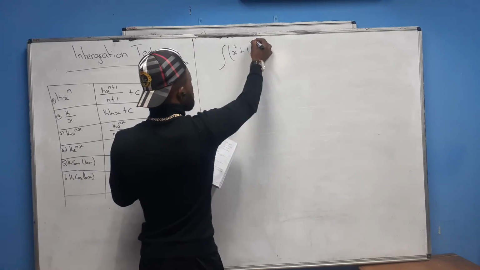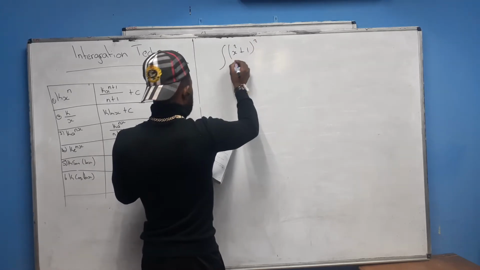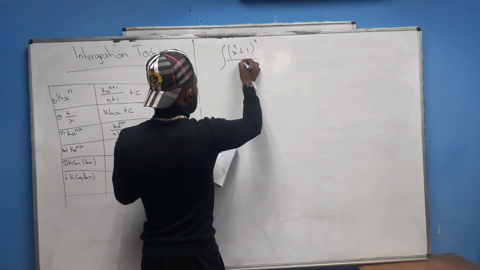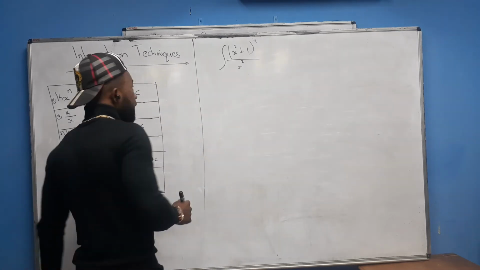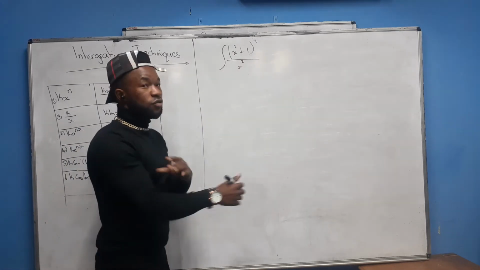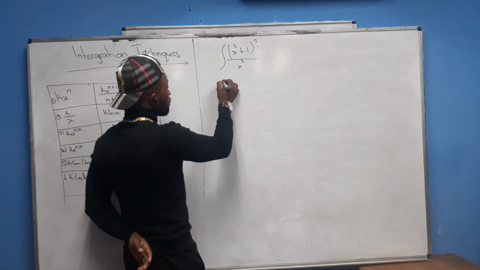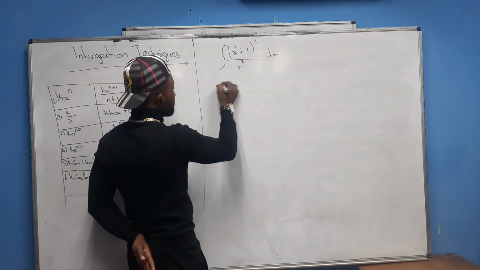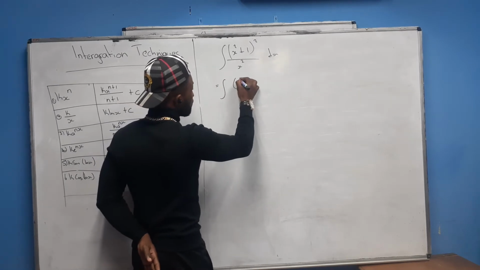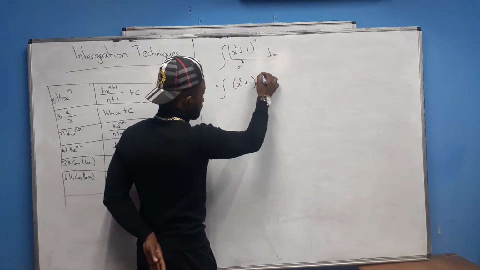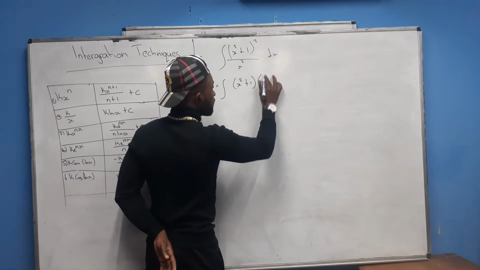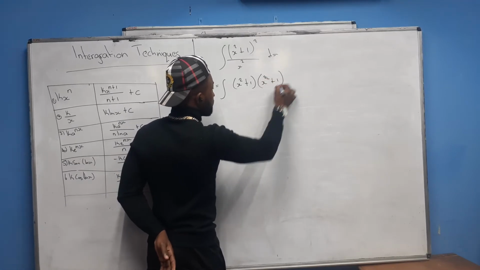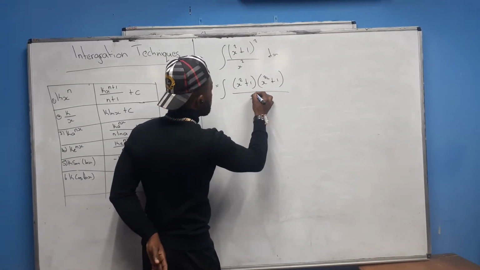Squared, divided by x to the power 2. On the first one I'm given the difference of two squares, so I can simplify it first. So this is the same as the integration of x squared plus 1, x squared plus 1 divided by x to the power 2.